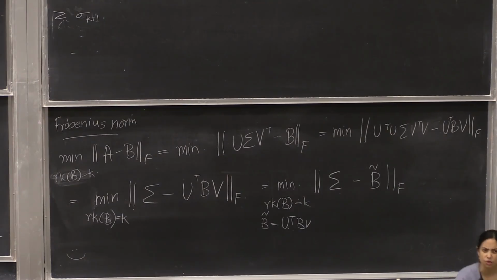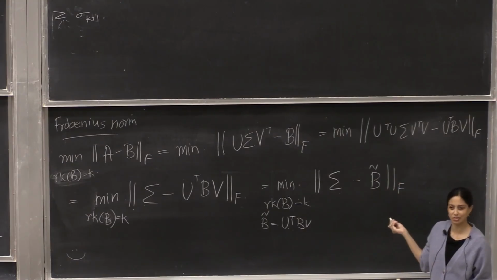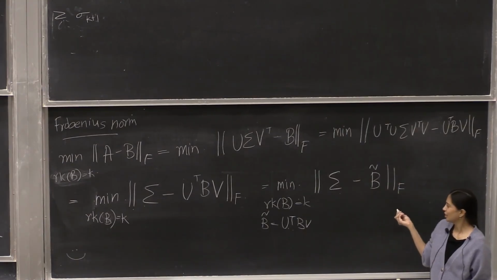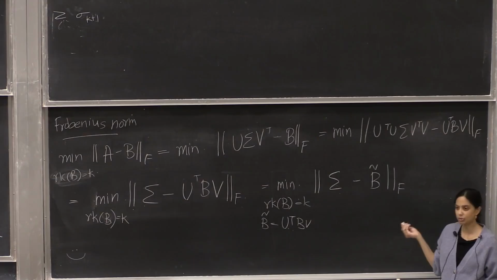Is it in my interest to put non-zero things in B? Only a little bit, right? If sigma has a 0 somewhere, then I want B to also have a 0 there. So it's natural to only want to consider diagonal B's, or almost diagonal B's.